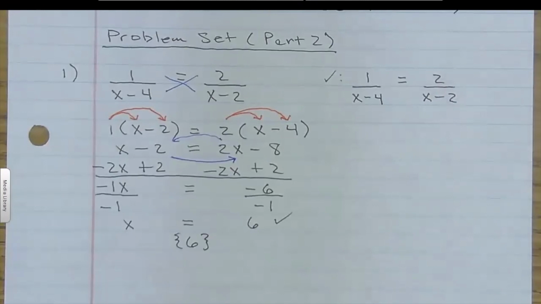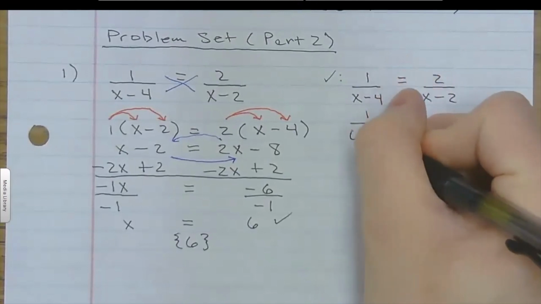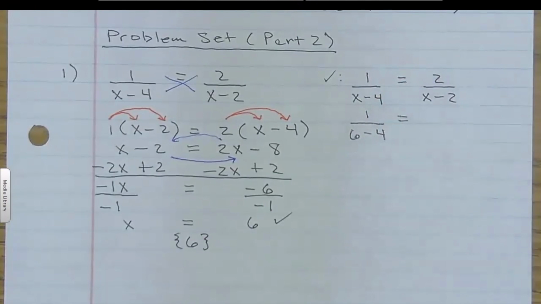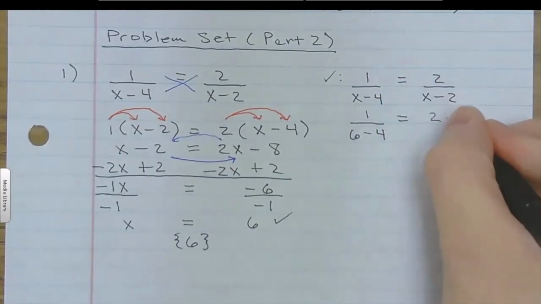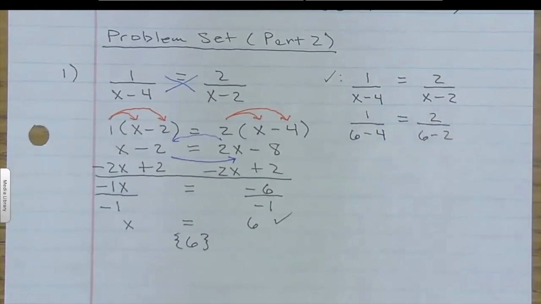So instead of having x minus 4 on the bottom, I'm going to have 1 over 6 minus 4. Over here, instead of having x on the bottom, I'm going to have 6 minus 2 on the bottom. And then I just go from there, simplifying wherever I can.